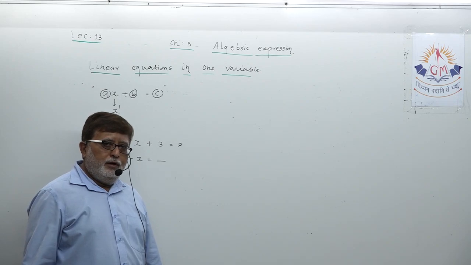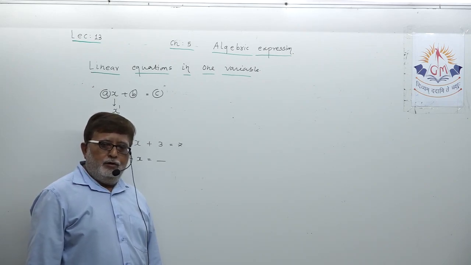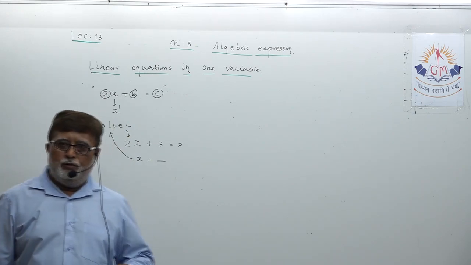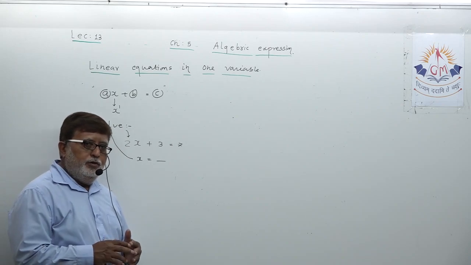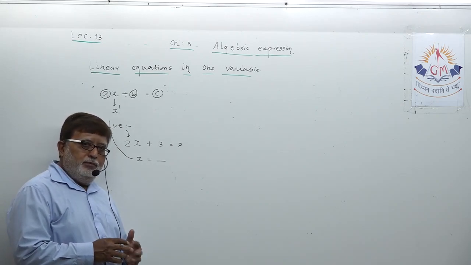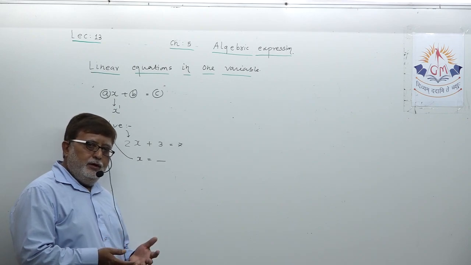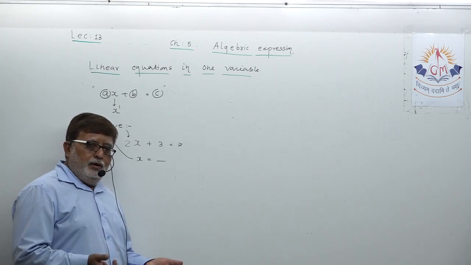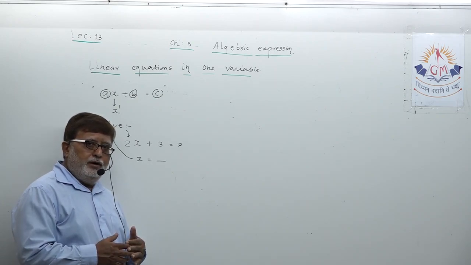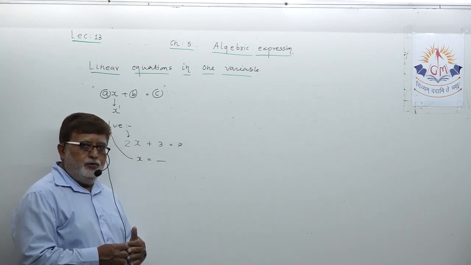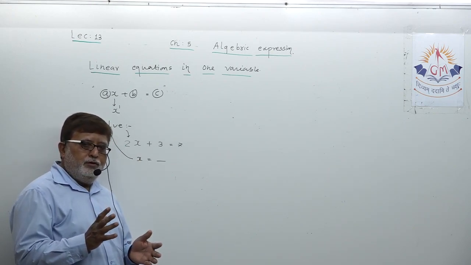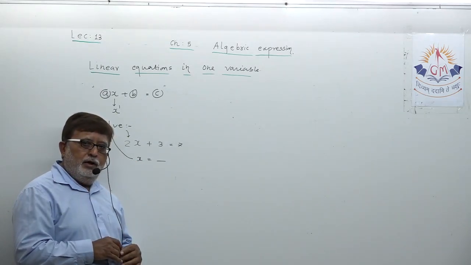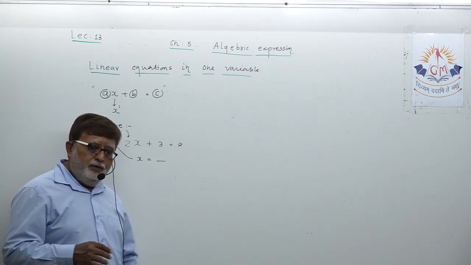So whenever you are asked to solve any linear equation, it simply means that you have to find the value of the variable. The variable may be x, y, z, a, b, m, any variable. The examiner can ask to confuse you, so do not keep your eye only on one variable x. It can be any variable.